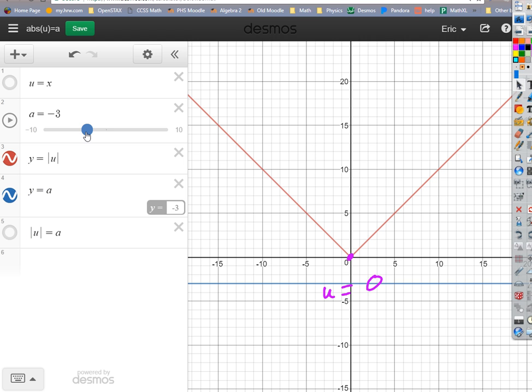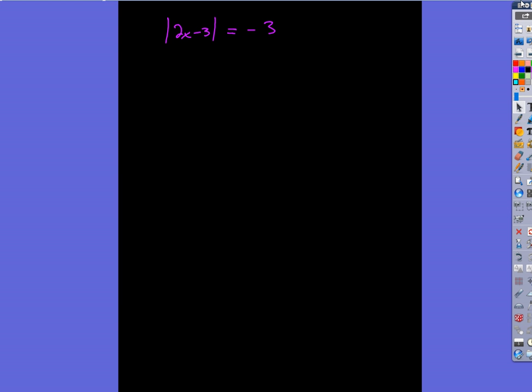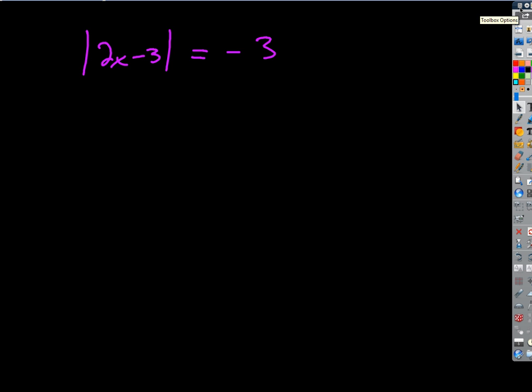Honestly, we don't even really need the picture to tell us that. Think about what an absolute value function does. What's the absolute value of negative 3? 3. What's the absolute value of 0? 0. So no matter what number I put into my absolute value bars, I'm never going to get back a negative answer. I'm only going to get back 0 or a positive answer. So this could never happen.